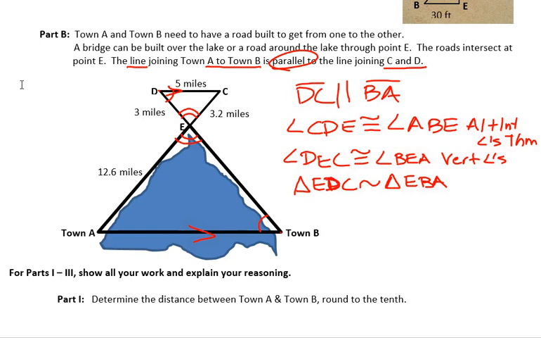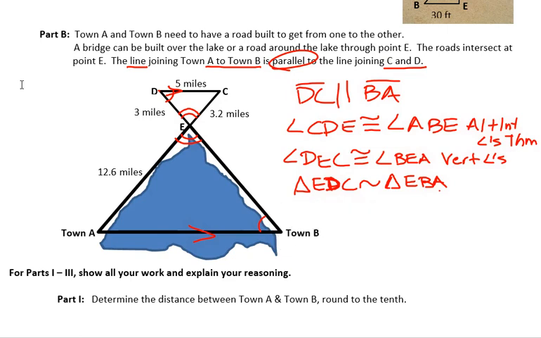All right. So then we can start talking about sides that relate to each other. Let's look at AE. What does AE compare with in our statement? AE compares with CE. Y'all see that? So we could say AE over CE, that would be 12.6 over, or you know what, let's put it the way it is in the problem.